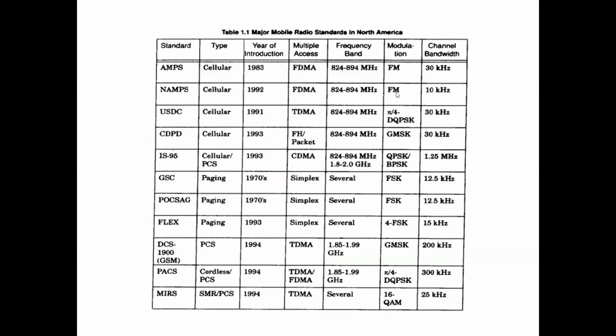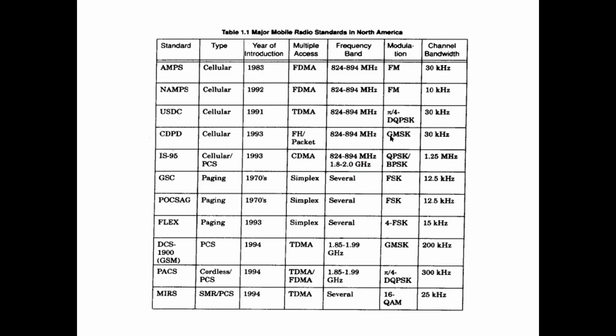Again, the same bandwidth, while the modulation type is pi/4 differential quadrature phase shift keying, and the bandwidth is 30 kilohertz. Then another system we have, CDPD, which is a cellular communication system from 1993, using frequency hopping packets.